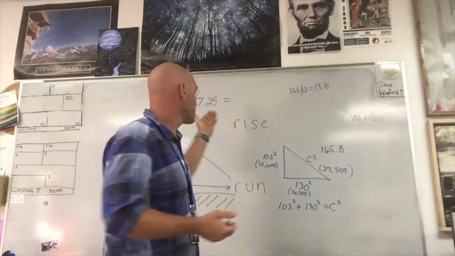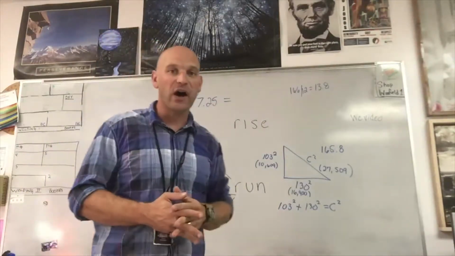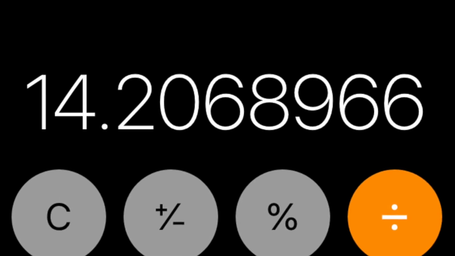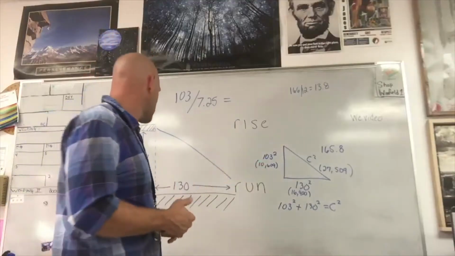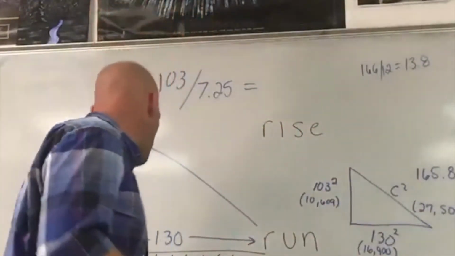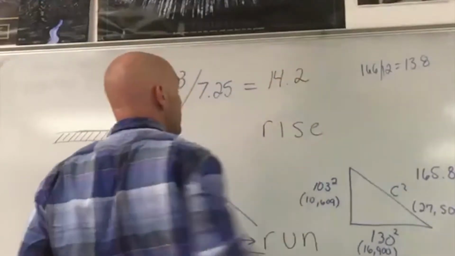So we're going to divide 103 by 7.25, and that gives us 14 and change, basically. So we will write 14.2.